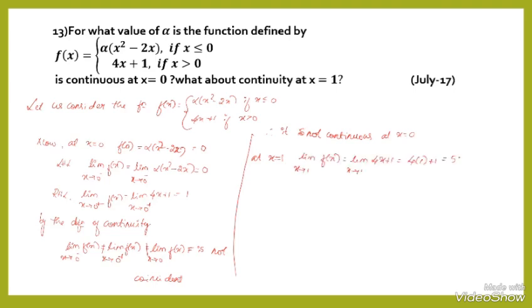Hence the function is defined, and therefore it is continuous at x equals 1.